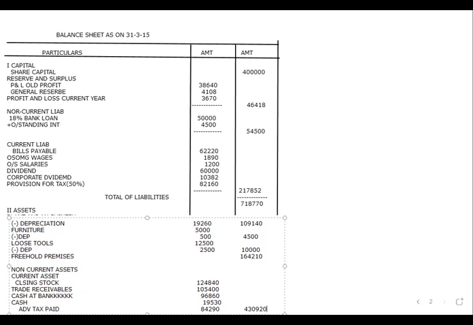So if I take this side again, the total of my assets is equal to the same like above, that is 7,18,770. So this is what we have got.